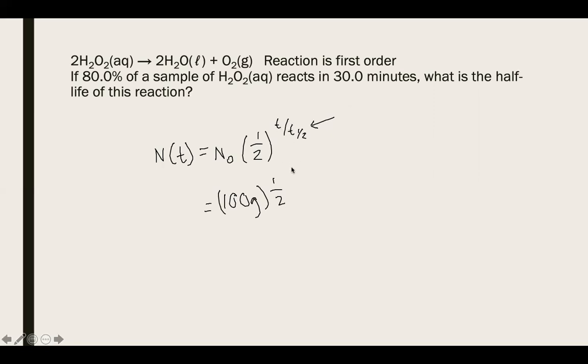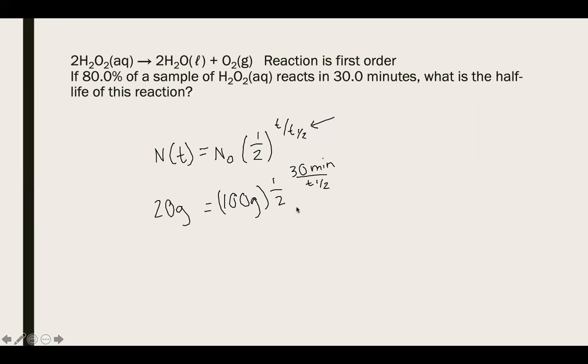We have 30 minutes. But then in order to figure out Nt, it says 80% of it has reacted. So 80% has reacted, and we're saying that we have 100 grams total. You're not going to have 80 here at time t. You're going to have 20 because 80 of that has already reacted. So all that's left is 20 grams.